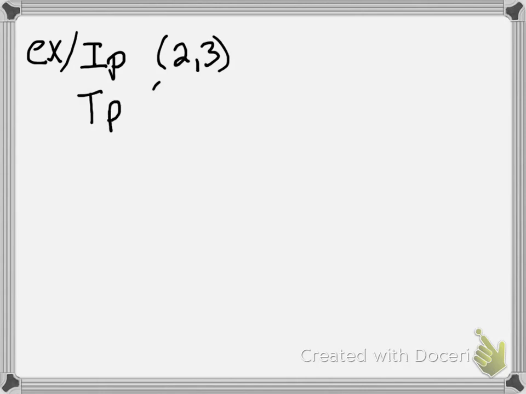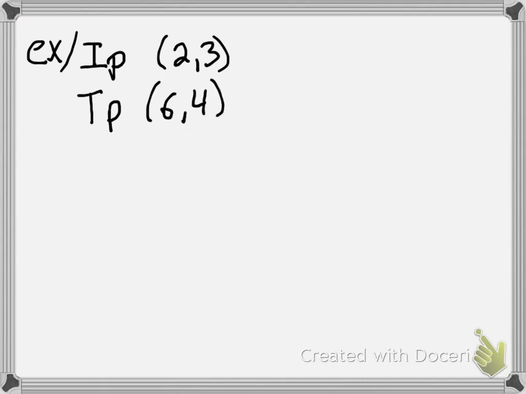So let's say that we have, and this is your first couple problems in your homework if I remember right, let's say your initial point, and I'm just going to put IP for initial point so that I don't have to keep writing it, is at 2, 3. And my terminal point is at 6, 4.